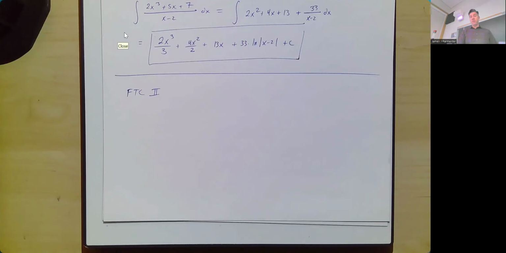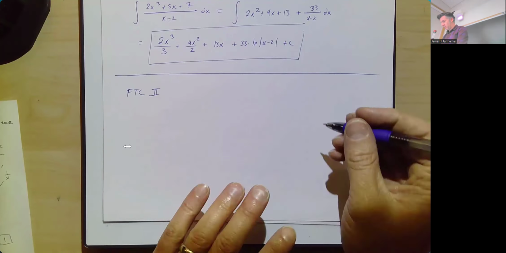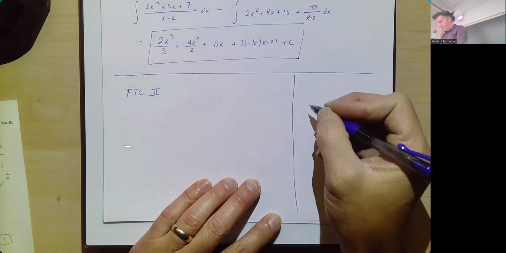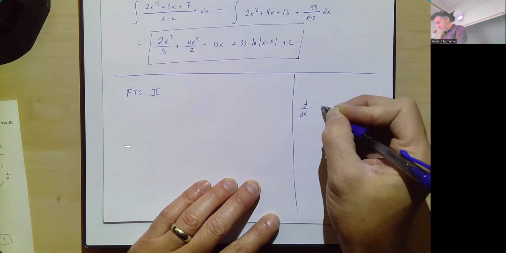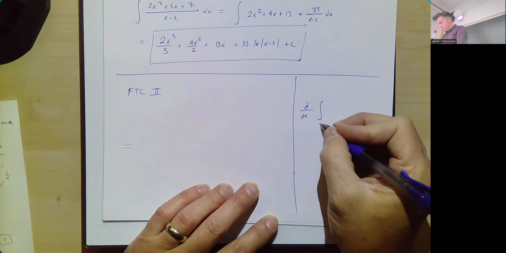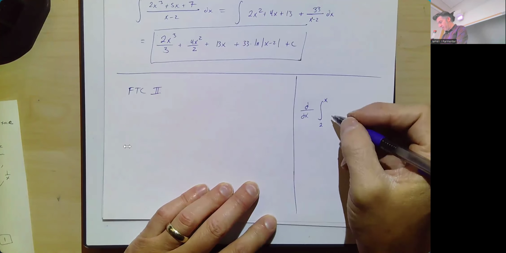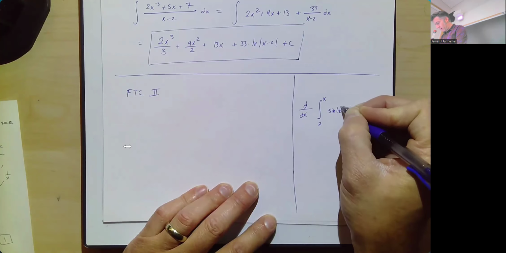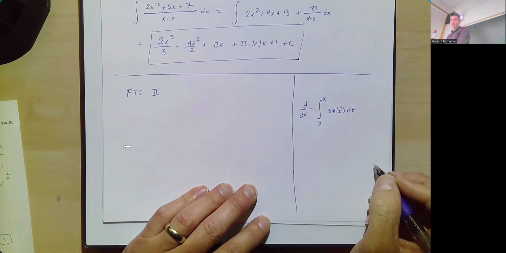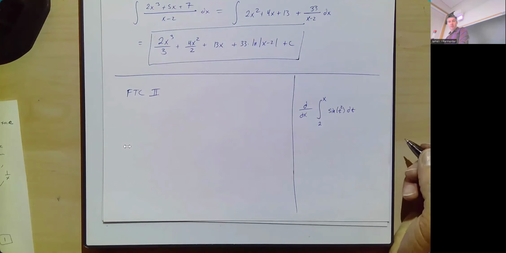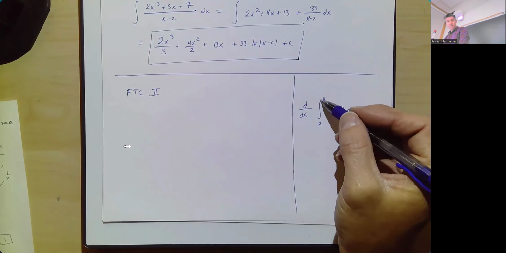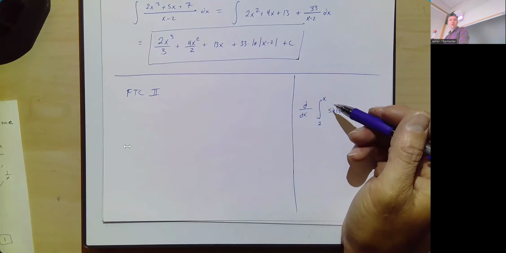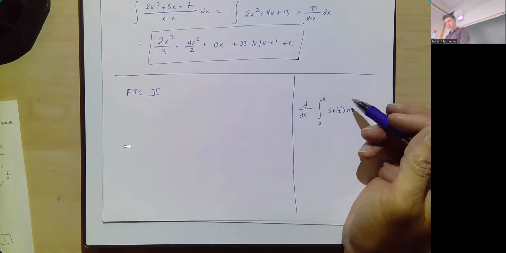The part I'm specifically referring to is, has anyone done anything that looks wild like this? Like the derivative of the integral from 2 to x of sine of t squared dt. Where you have an x up here? I'm seeing mostly no's.